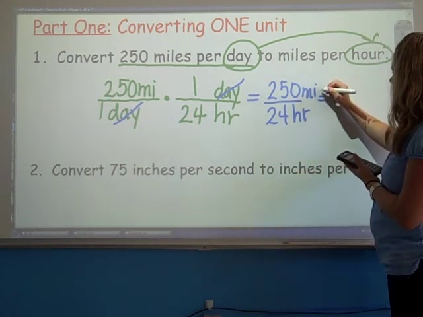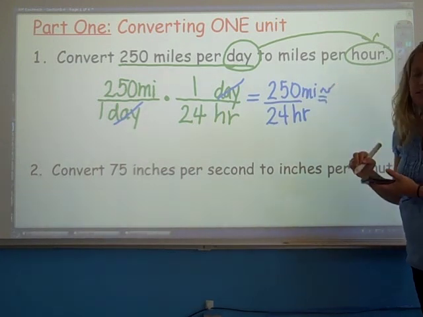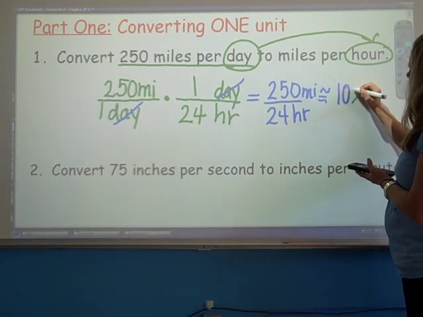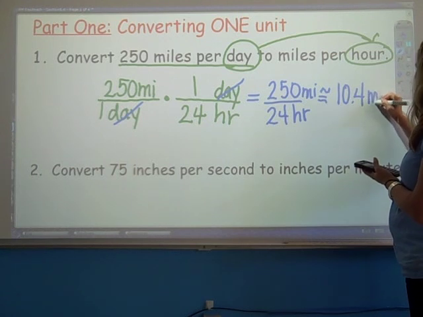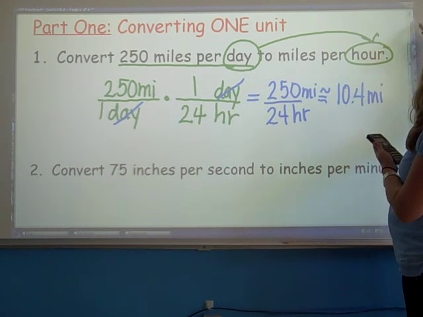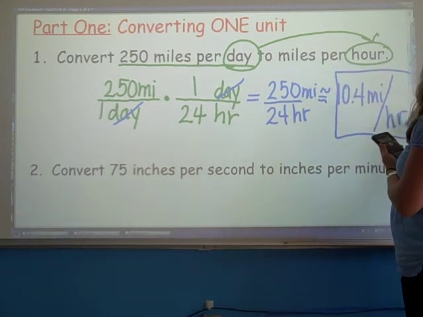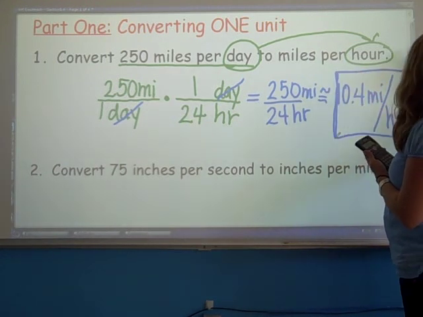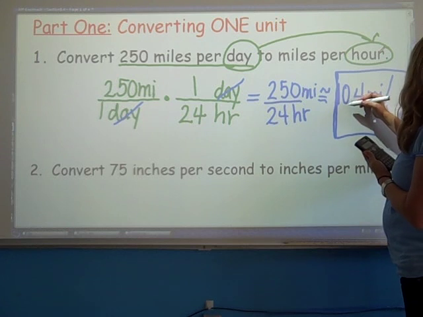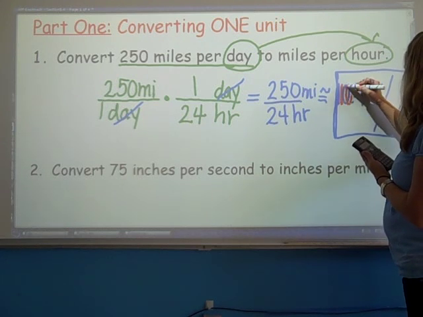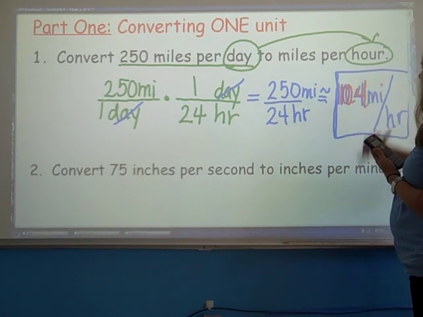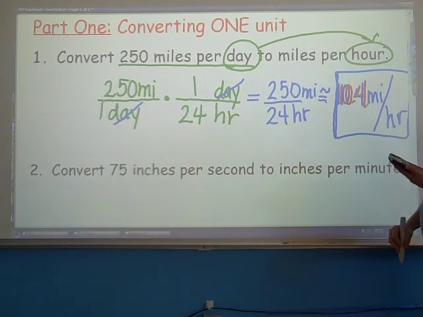We'll round to the nearest tenth. 10.4 miles per hour. And that's my answer. It's a little hard to see that 10 there. Put that in a different color now. 10.4 miles per hour. Okay.